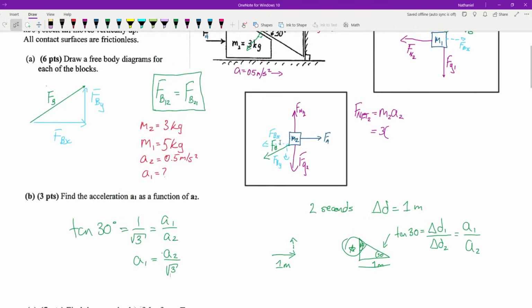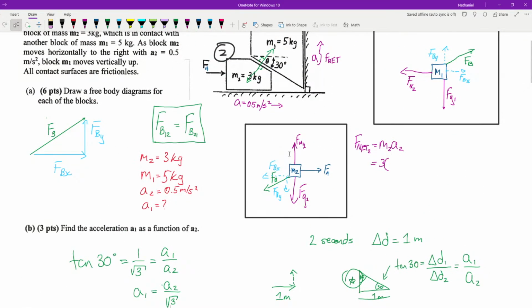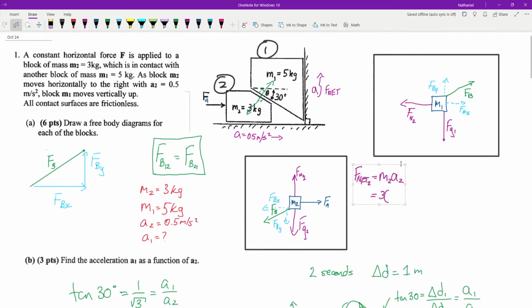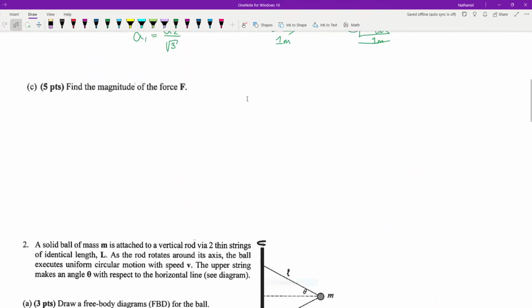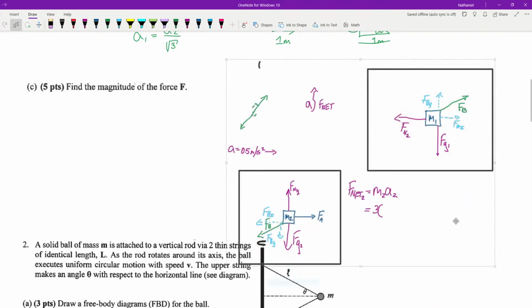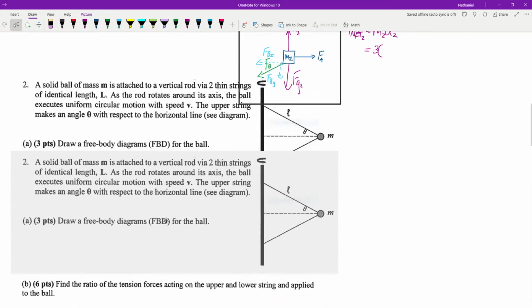Find the magnitude of the force F. Okay, so FA we don't know, so we kind of have to go now into this world anyway. So let's do it. Just move this down.